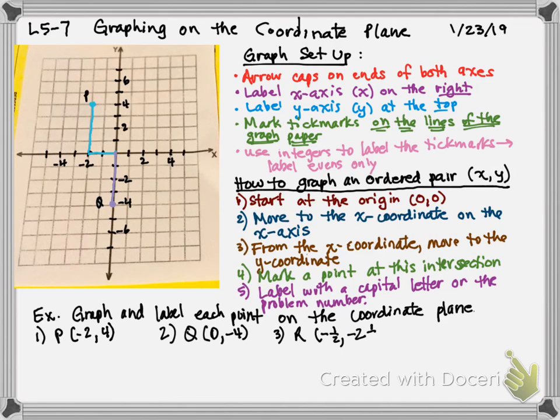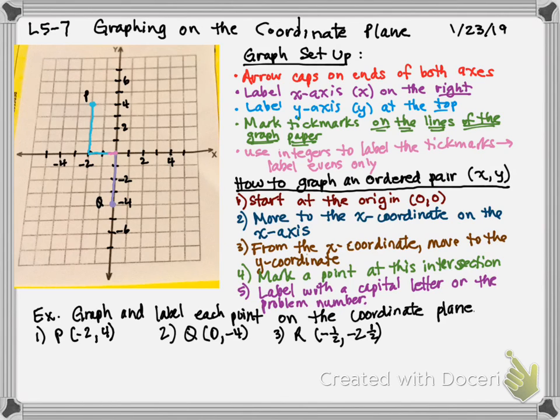Next one, let's do, R is at (-1/2, -2.5). So let me just remind you again, it's not an ordered pair if you do not have parentheses. It's just two numbers separated by a comma. We need something more. Okay, let's start at the origin, and we're going to go to -1/2.